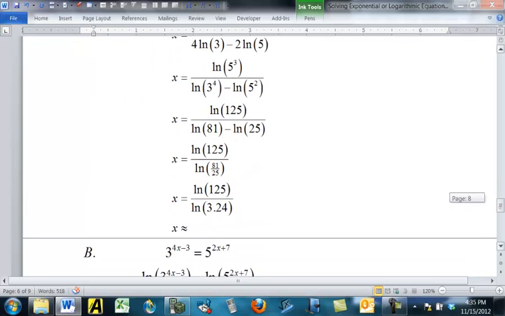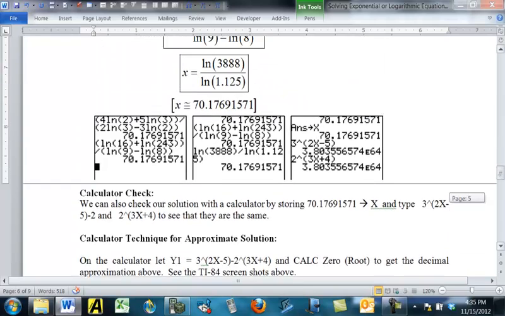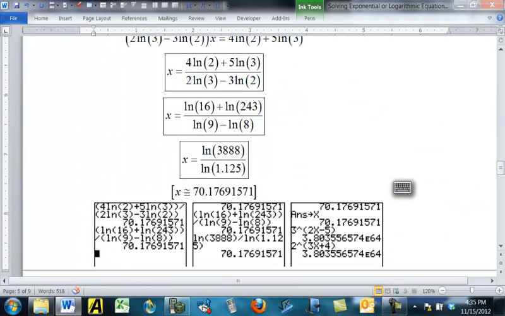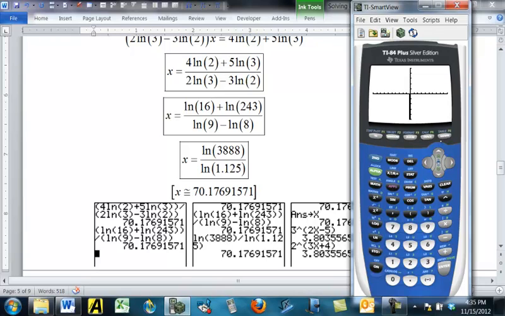Now this says the answer ought to be 70 point something, so it should be on the screen, but it's hard to see it. Let me do a few traces here. If you look, we got negative y's, and then we have positive y's.